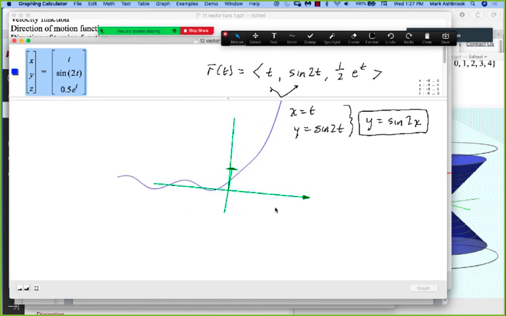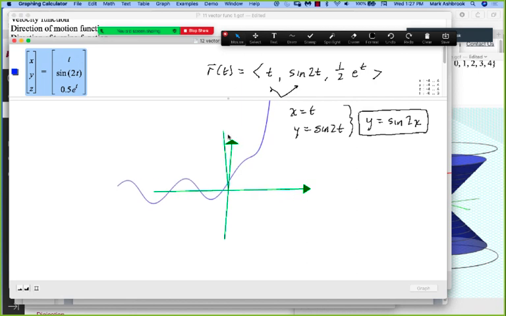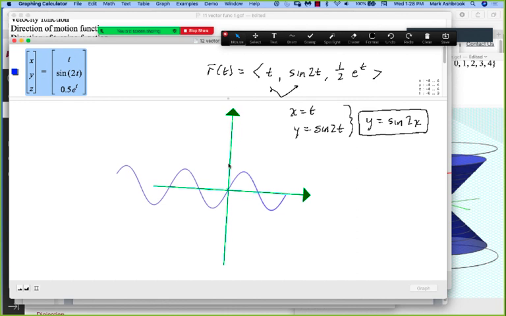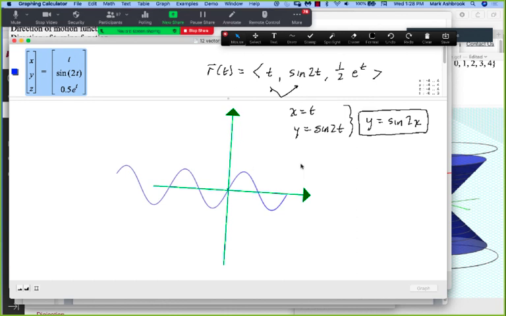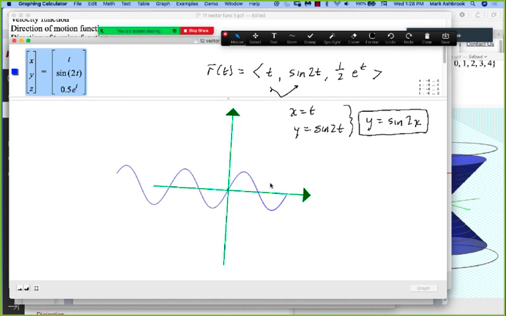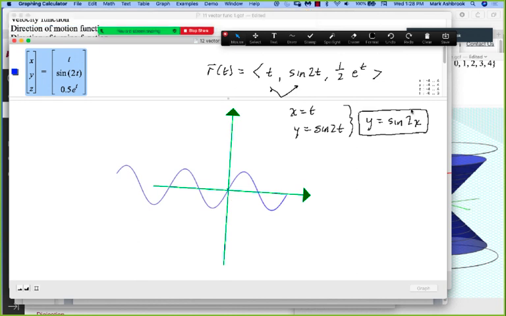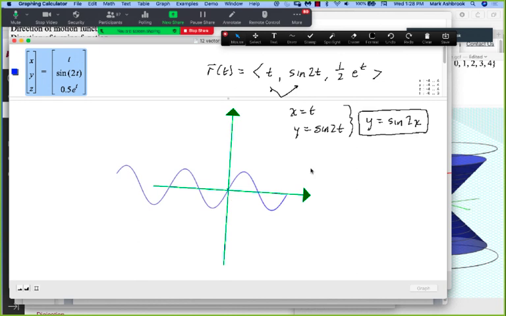If I look at it top down the z-axis, I won't be able to see changes in z anymore. It'll be a sine graph. Which sine graph? Sine of 2x. Now you can't see changes in z. All you can see is how x and y are related, and we know how they are related by y equals sine 2x. There's the curve y equals sine 2x.